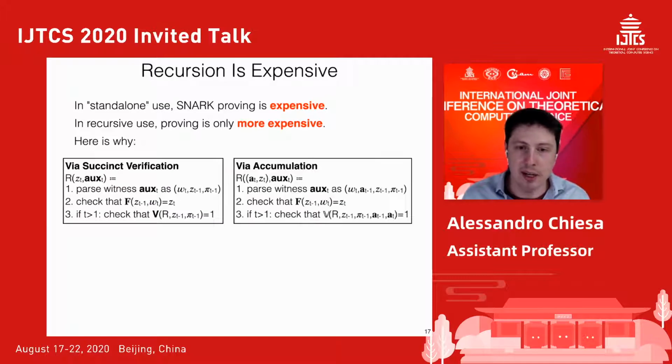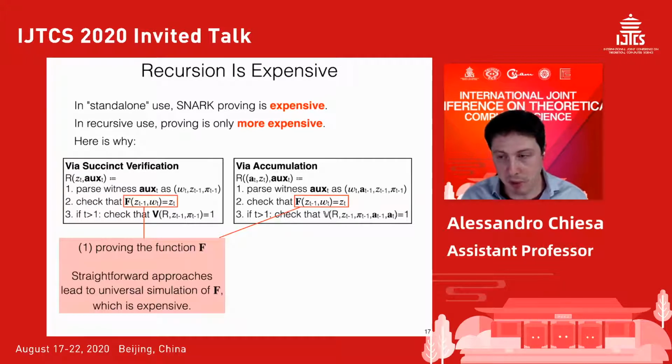So here are the two recursive computations that I've already gone through earlier. The recursive computation for snarks that have succinct verifiers, and the recursive computation for snarks that have accumulation. If you look inside both of these, you can spot some sources of inefficiency.